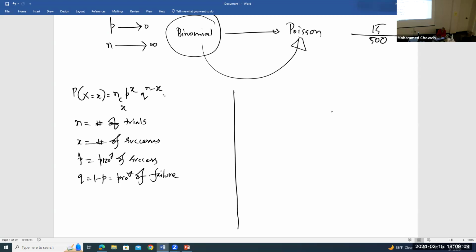And x takes values 0 success, 1 success, 2 successes up until n successes. Clear, right?